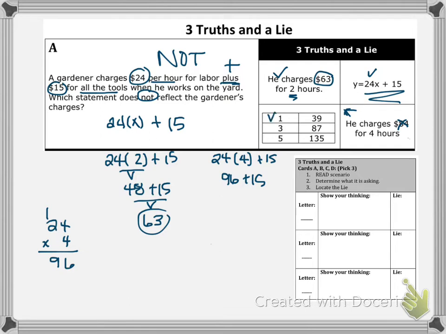Okay, so then you go here and you say, what letter did we work on? We worked on letter A. And show our thinking. Let's finish this. 6 plus 5 is 11, so that equals 111. It's a lie because $84 is not equal to 111, which is what we got.